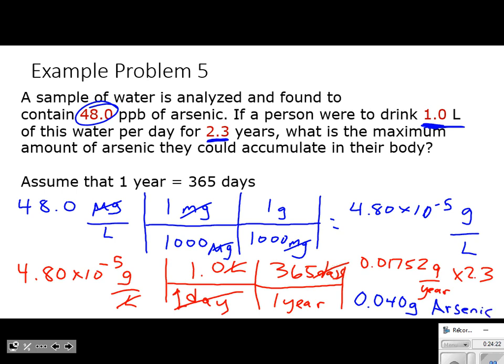So this particular individual drinking 1 liter of water per day for 2.3 years will have accumulated 0.040 grams of arsenic over those 2.3 years. Okay?